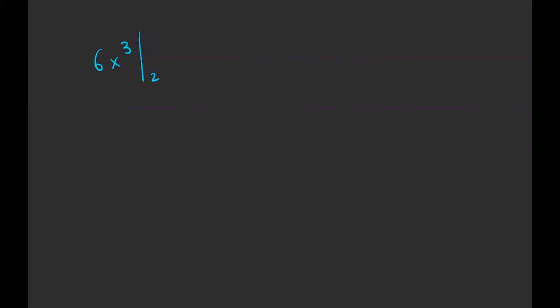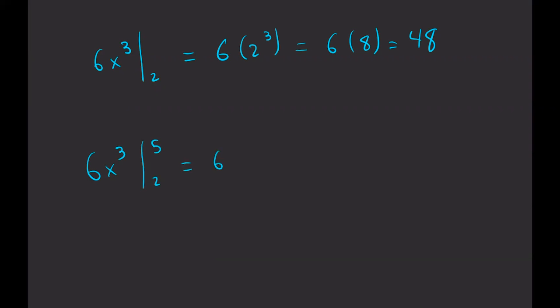And in that case, what I do here is I take 2 and I plug it into my function, which then gives me 6 times 8, 48. And if I write evaluated at, I don't know, 5 and 2, if I put both of them there, then what I do is I evaluate at the top one first, and then I subtract the evaluation of the bottom one.